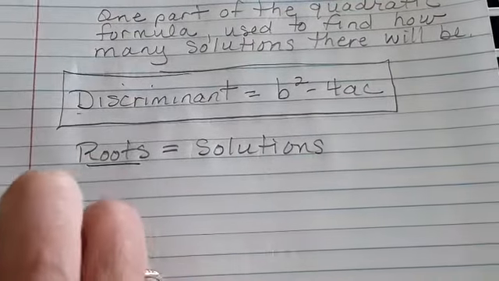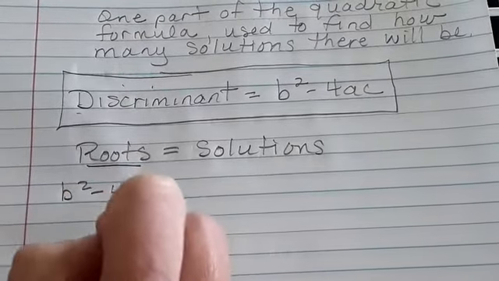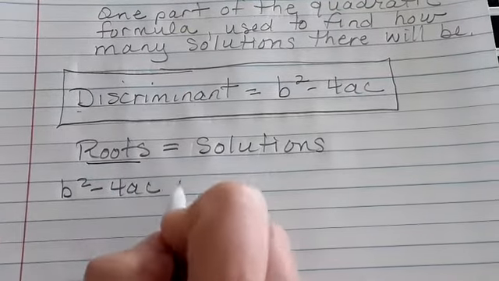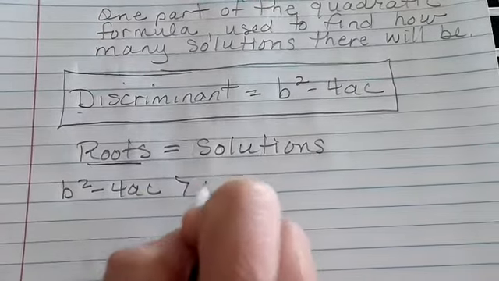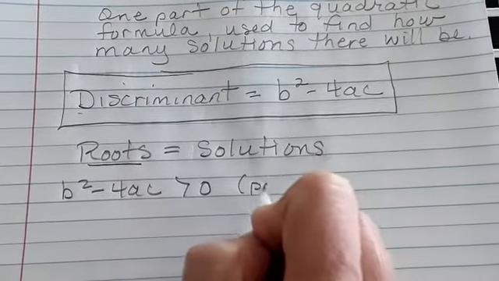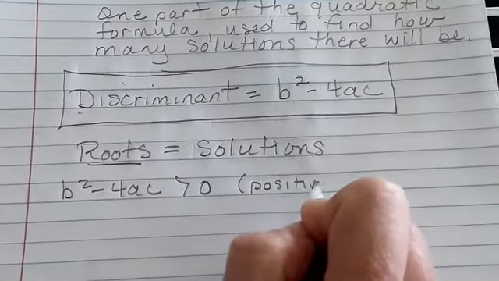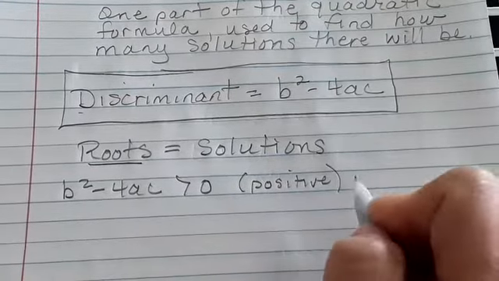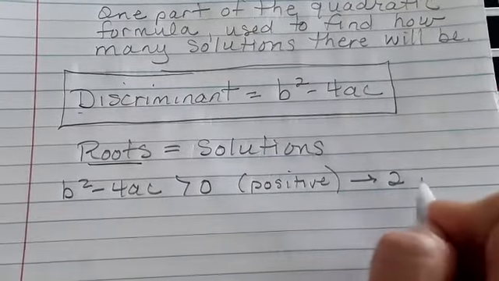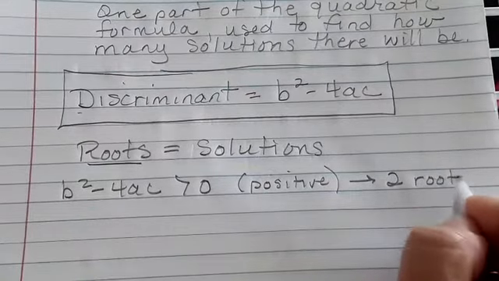So if your discriminant, that value, ends up being greater than 0, meaning it's a positive number, you are going to have two solutions or two roots.